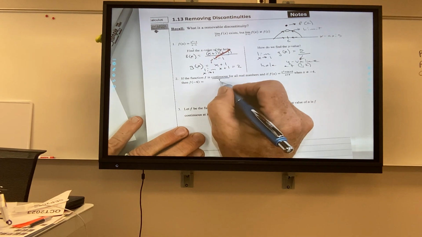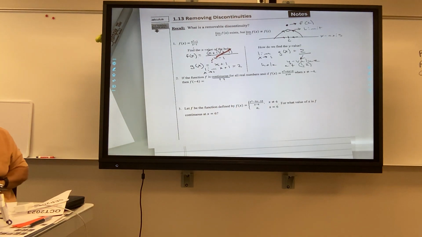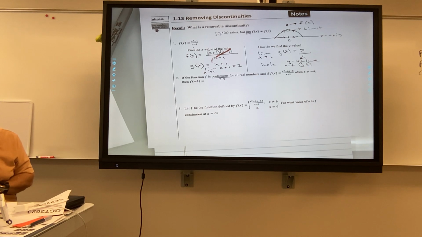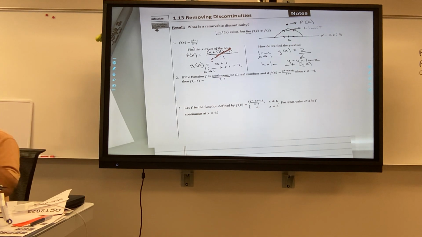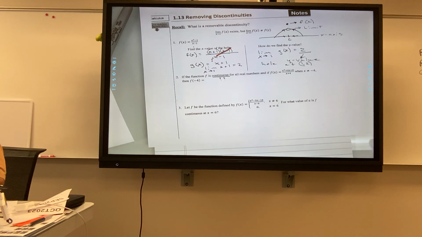So this is an AP question. Even continuous, it looks like there's going to be a hole there, right? Would everybody agree?